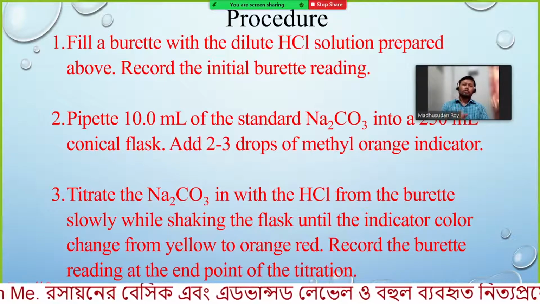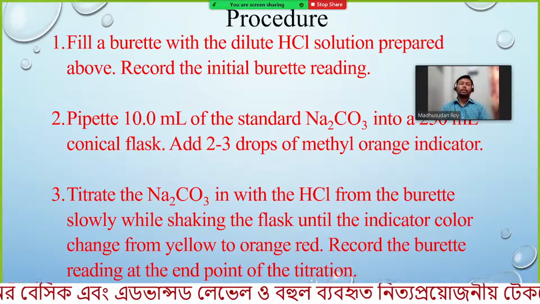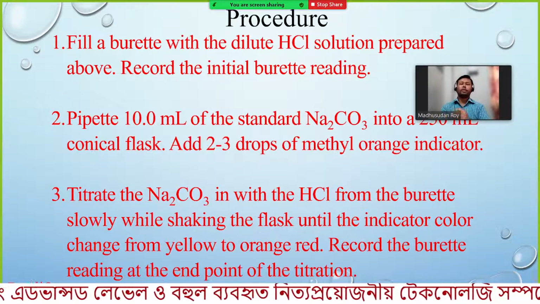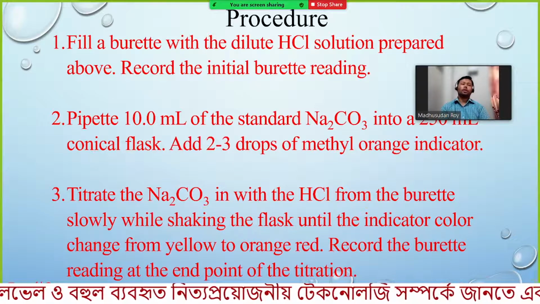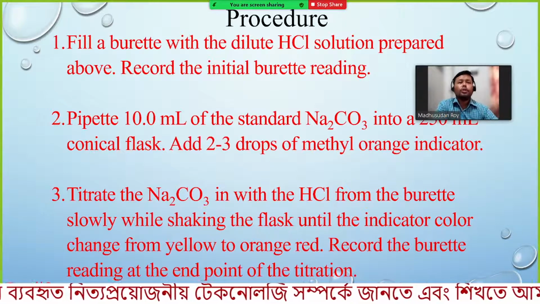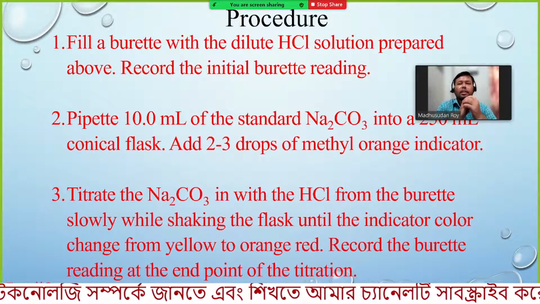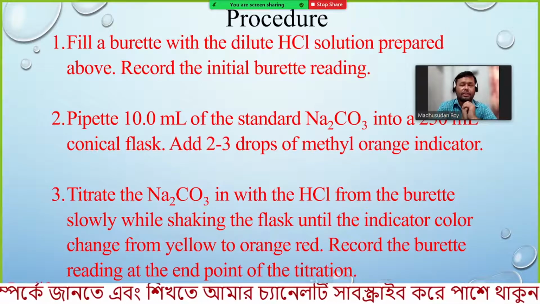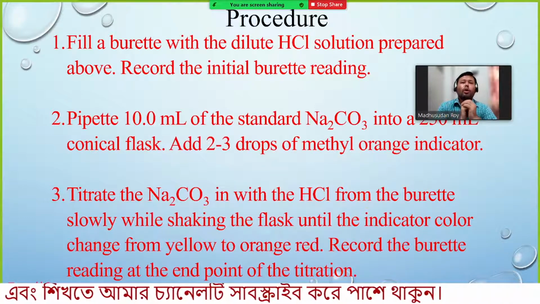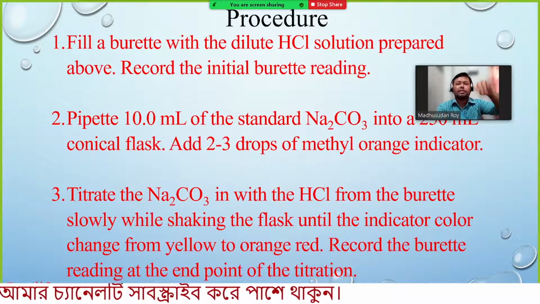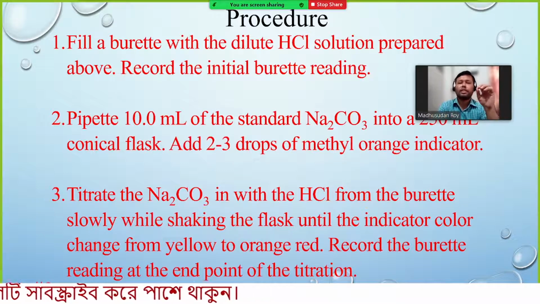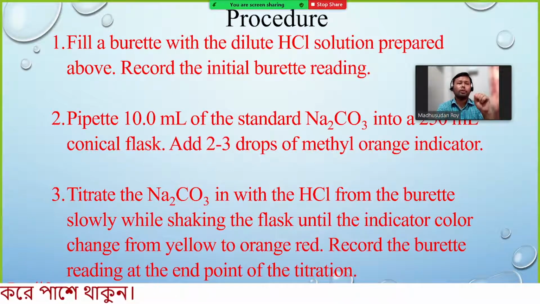To fill the burette, you need to rinse it with the hydrochloric acid solution, because sometimes you may have used your burette with some other chemicals, and it can also have some dust inside. So always rinse: add a very little amount of hydrochloric acid solution to the burette, and then throw away the rest.